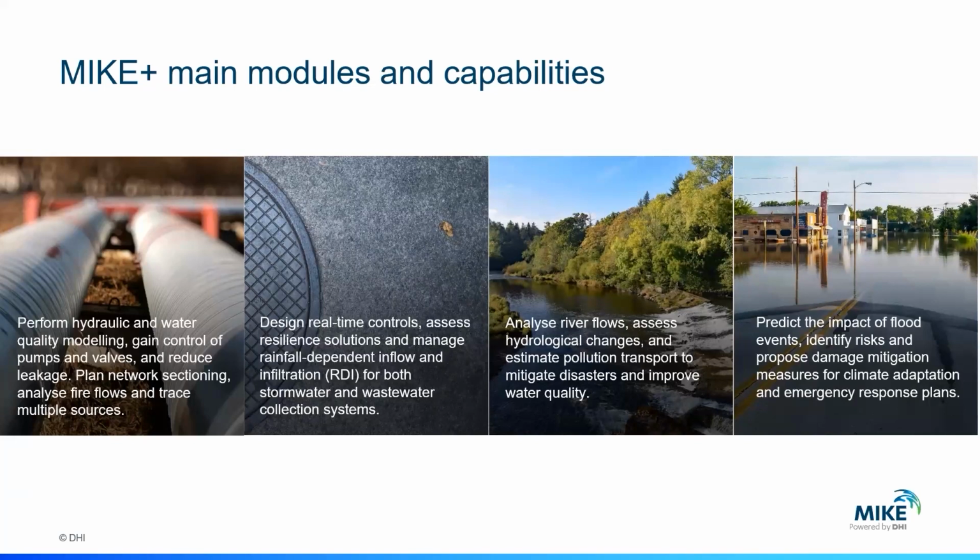Secondly, it can be used to model rainfall-runoff processes for both stormwater and rainwater collection systems in urban areas, but it can also be used for river systems hydrology. It also contains elements for complex river flow analysis, which can also take into account water quality and sedimentation processes. And last but not least, it contains instruments for assessing flooding processes, both on small-scale models, for example urban areas, but also for larger scale, even catchment-scale flood models.